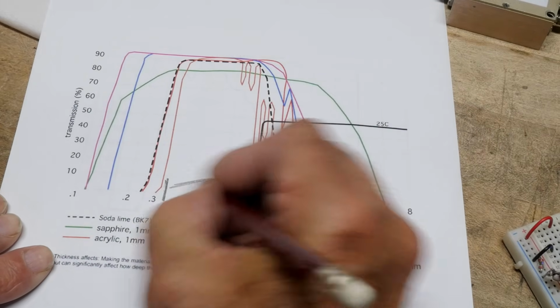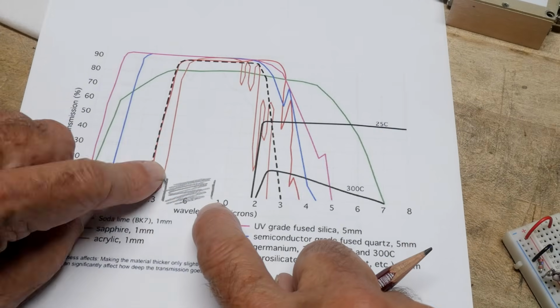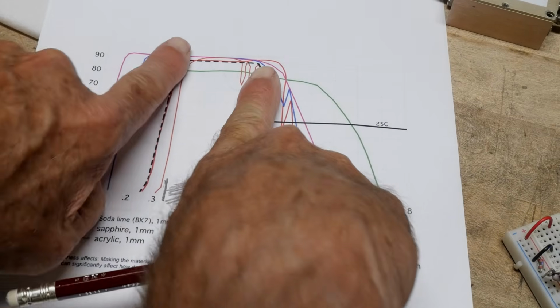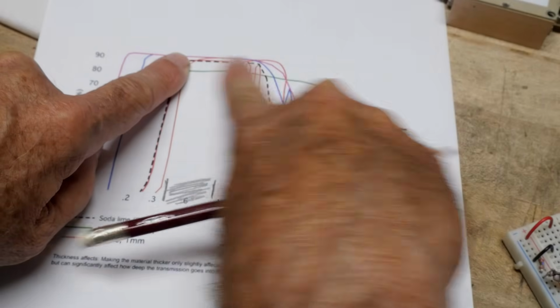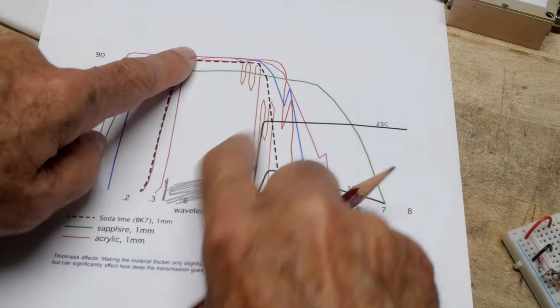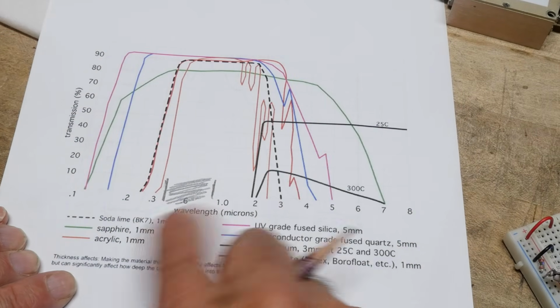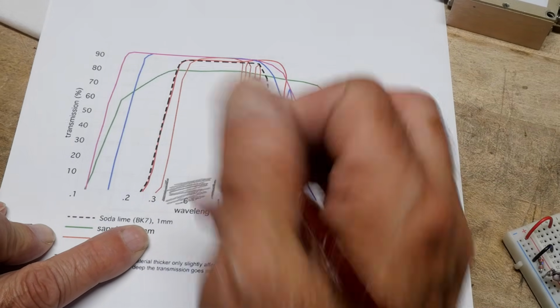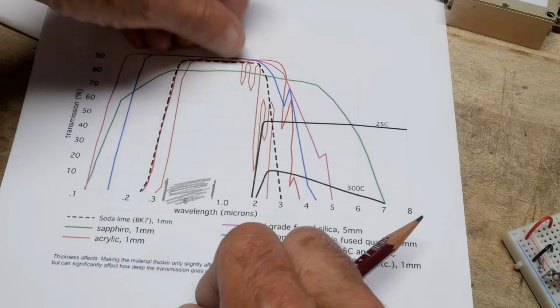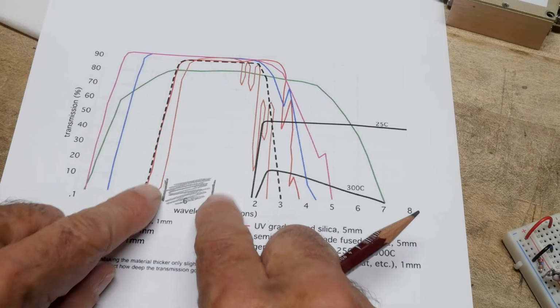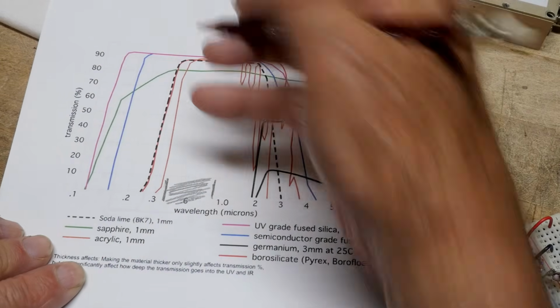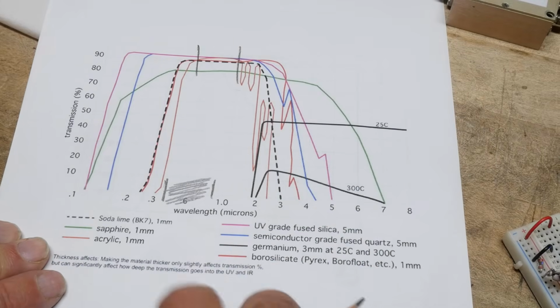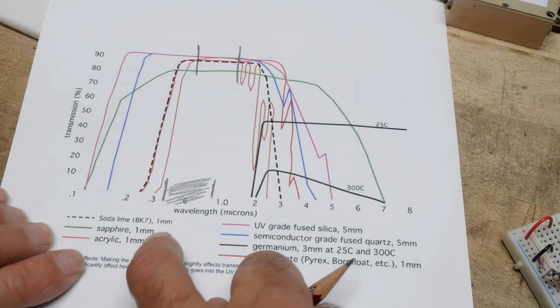Okay, this is where the human eye can see. So we're going to choose something here for a camera, right? And so things like soda lime glass, BK7 is a very, very famous optics glass. That's this dashed line, and so it's nice and transparent right here where the visible range is, right? And so you can use that.